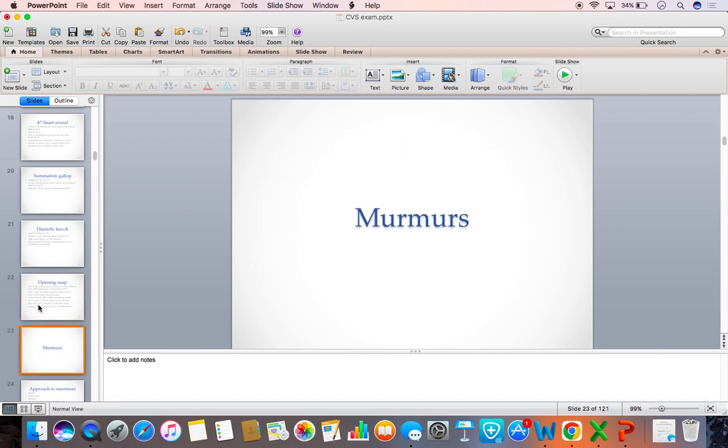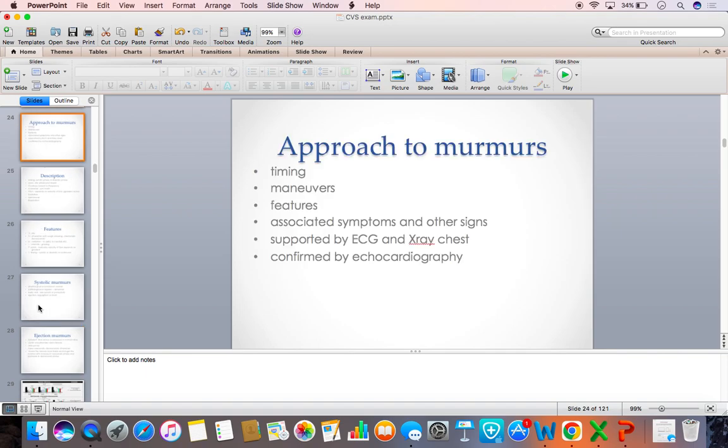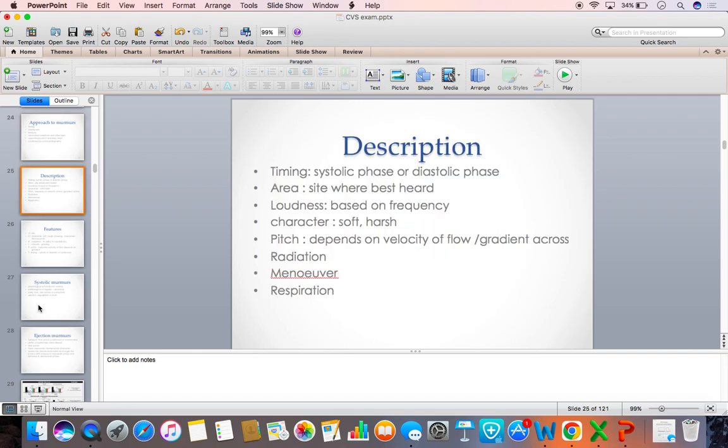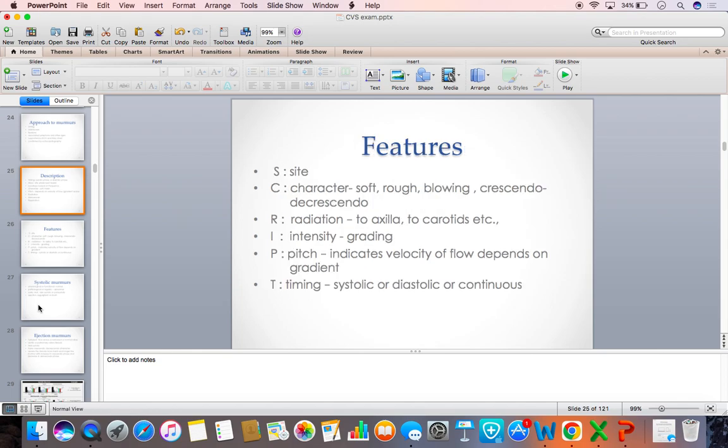Then, let us proceed with the murmurs. The student should describe the murmurs. So there is an acronym that can be remembered by the students. This is SCRIT.